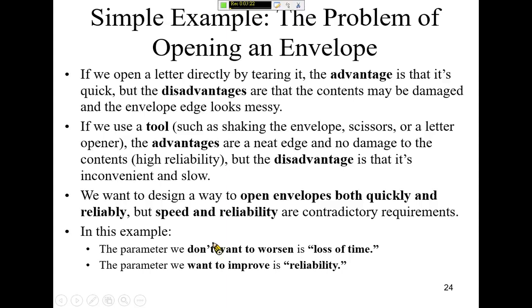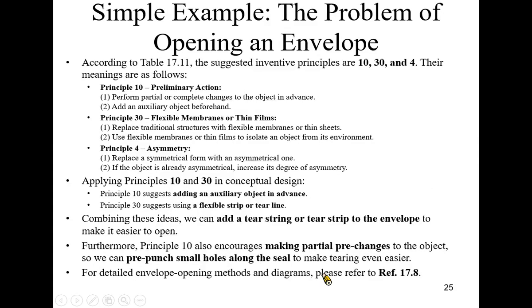In this case, the parameter we don't want to get worse is loss of time, and the parameter we have to improve is reliability. So according to the contradiction matrix, we can suggest inventive principle number 10, number 30, and number 4.